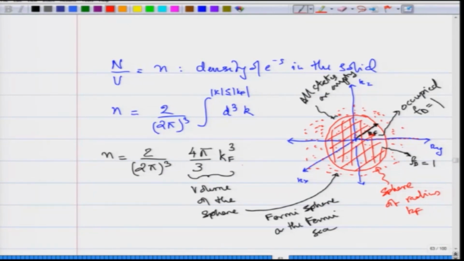And this is the volume of that Fermi sphere, which is nothing else but the volume of a sphere of radius r. The volume of a sphere of radius r is 4π/3 r³. This you already know, and now since we are looking at the momentum space, it is 4π/3 kF³.